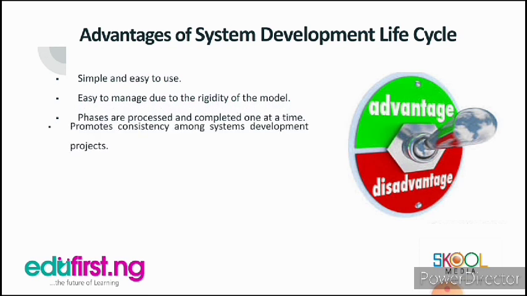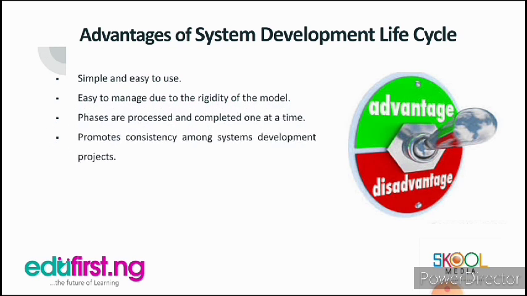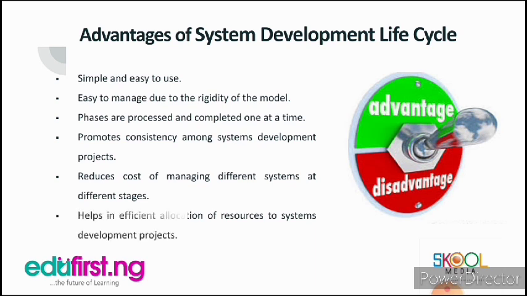It also promotes consistency among system development projects. It also reduces cost of managing different systems at different stages. It also helps in efficient allocation of resources to system development projects.